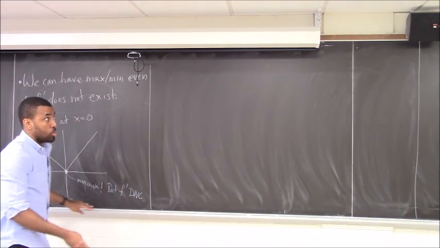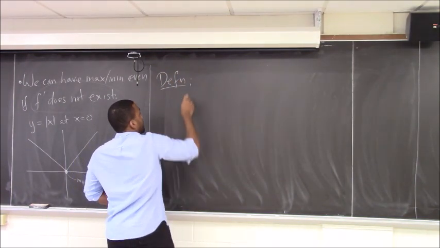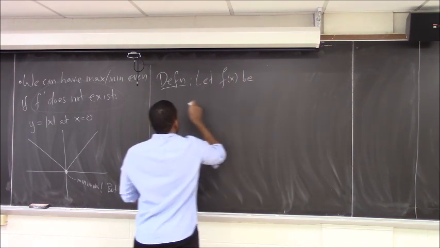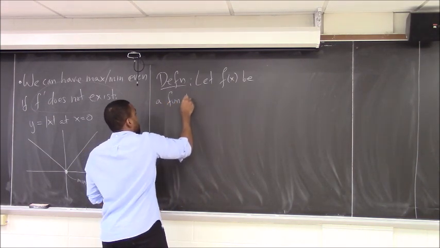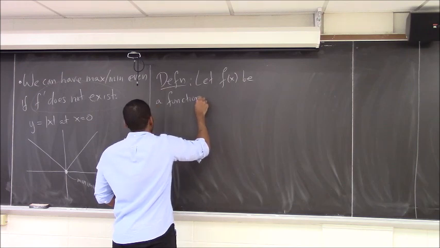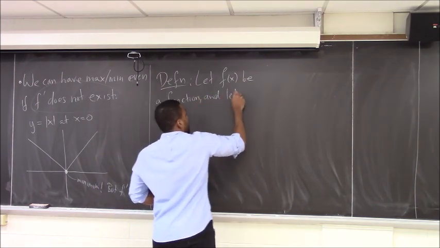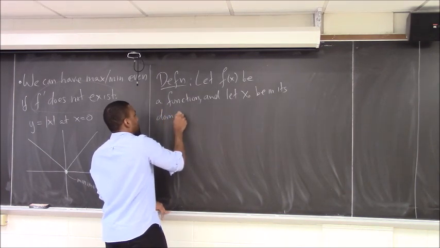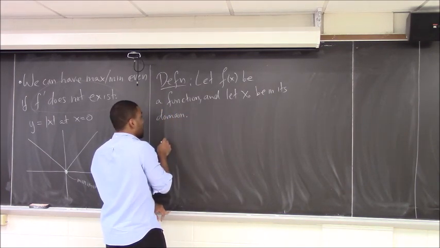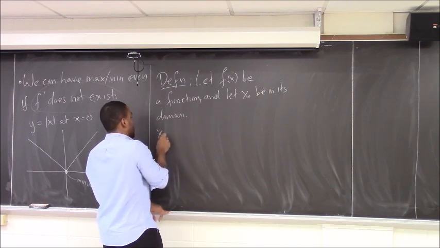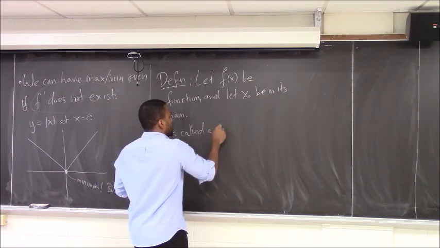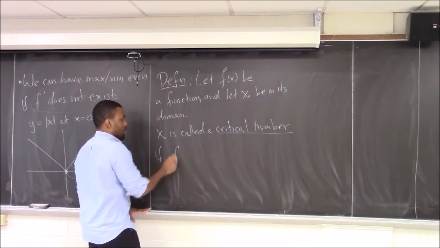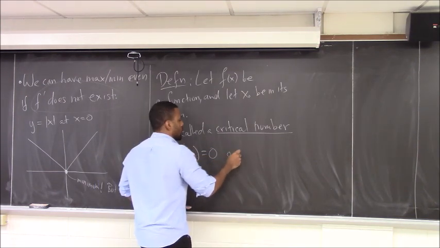We will call such points critical points. x naught is called a critical number if f prime at x naught is 0 or undefined.